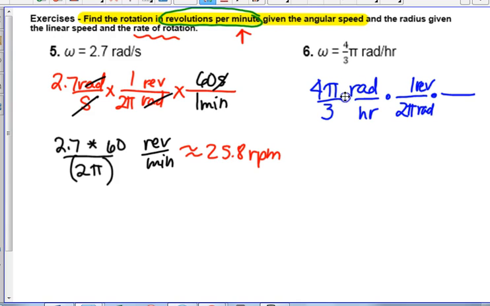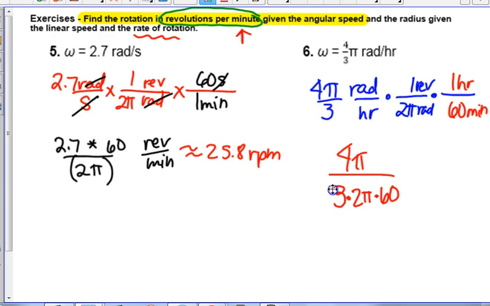Yeah, we need hours. They want minutes, though. It says revolutions per minute, so we need an hour is 60 minutes. Okay, yeah, it is. It's just dimensional analysis, just like chem. We have 4 pi on the top, and on the denominator we have a 3 and a 2 pi and a 60.